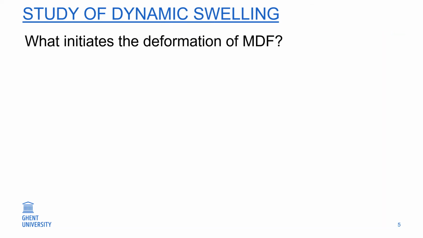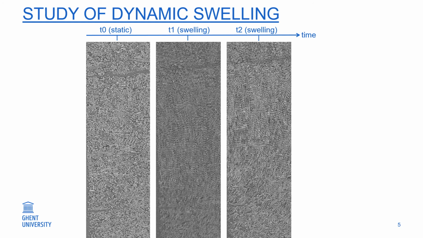With this setup, we were wondering how does the deformation of MDF under water absorption start? What makes it so that it swells so much? We acquired scans in a dynamic way, so we did not stop in a stable state to acquire a scan, which means that we reconstructed blurry images.